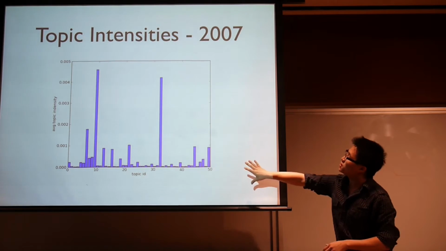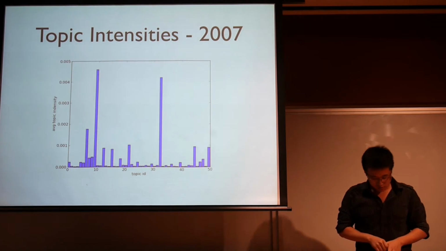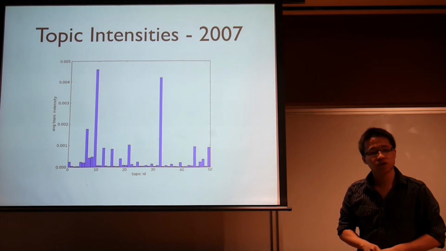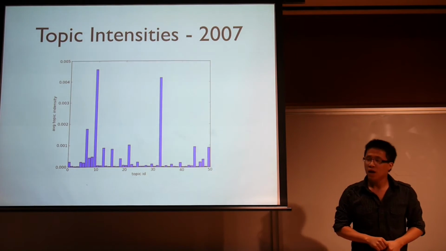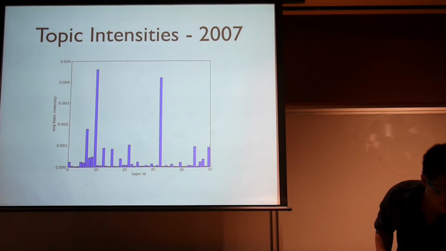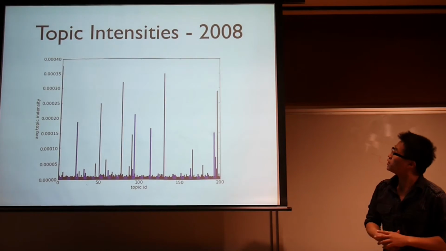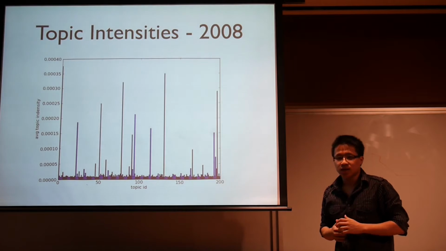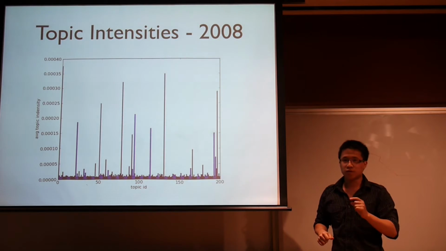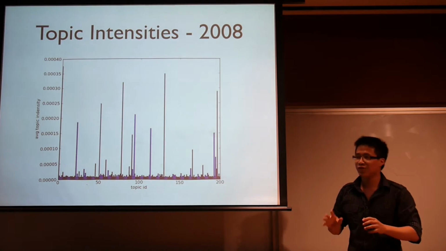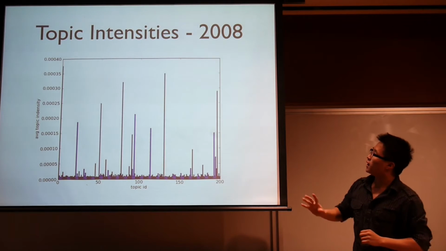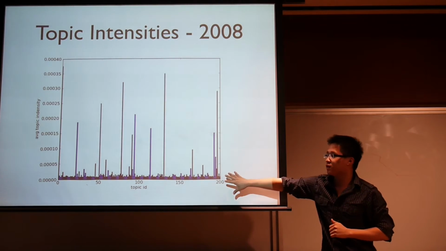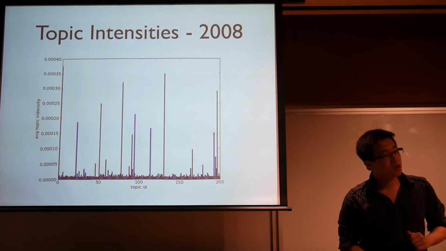These 50 topic intensities had a standard deviation of about 0.004. But for the 2008 200 topics, the standard deviation was about 0.0005, so per topic, there's less variance in the 2008 topics.